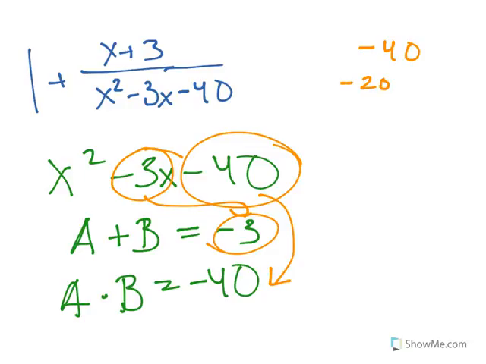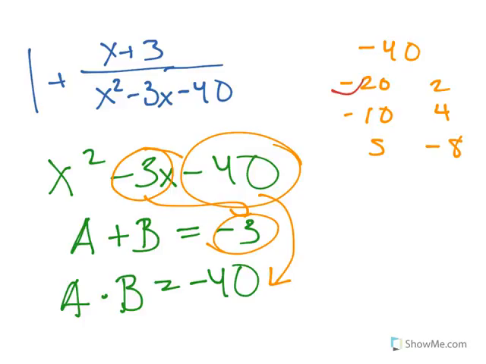So for example, we can start with maybe negative 20 and 2. We can decrease this to maybe negative 10 and 4, or maybe 5 and negative 8.